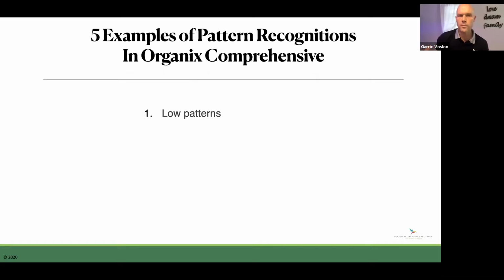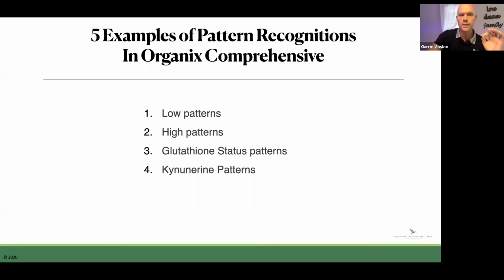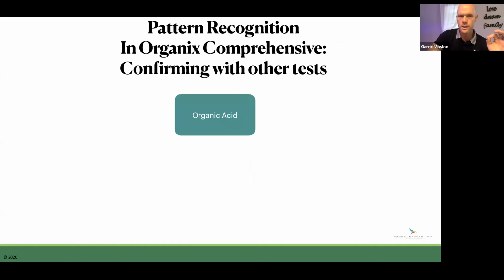So how can we bring this into a simplified teaching format so that we can start to understand it and connect the dots? We're going to be looking at low patterns, high patterns, a glutathione status pattern, then the kynurenine patterns, and finally, the lipogenesis patterns.